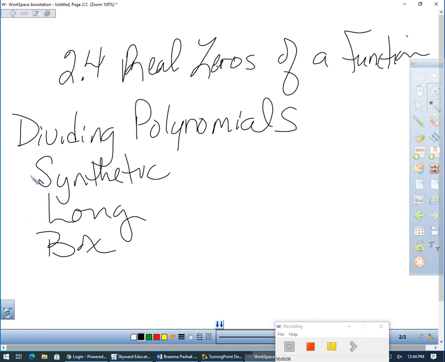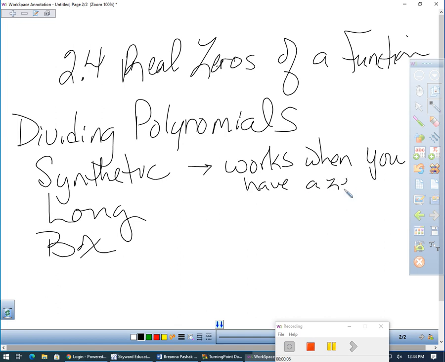All right. Synthetic works anytime you can get a zero, which means you had a binomial like x plus 2 or x minus 3 that you were dividing by.